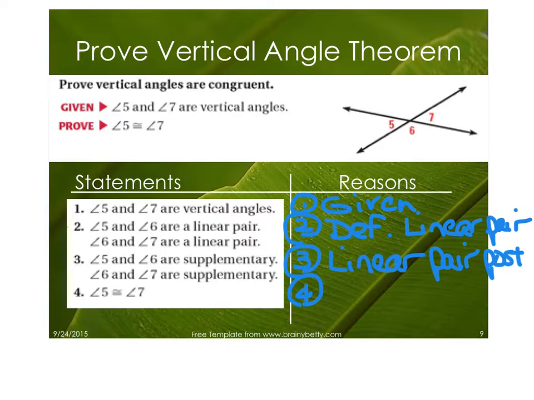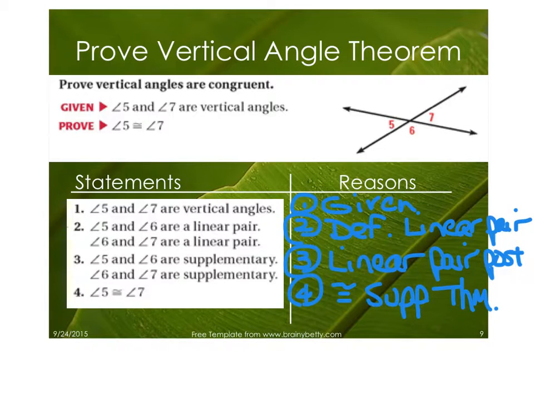No, probably the second postulate, the one after the right angle theorem. What was the next one we learned? Let's see if you can find it. Congruent supplement theorem. Beautiful. Congruent supplement theorem. That's our reason here. So if they're supplementary angles, then they are congruent.